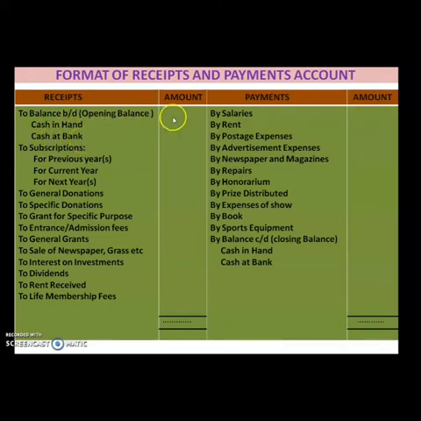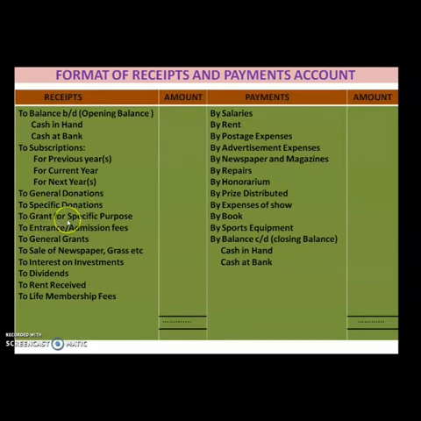Then we have subscription. Subscription is income for a non-profit organization. So if it is received for the previous year, current year or next year, that will be recorded on the debit side. Then we have donation. Both general donation and specific donation will be recorded on the receipt side.